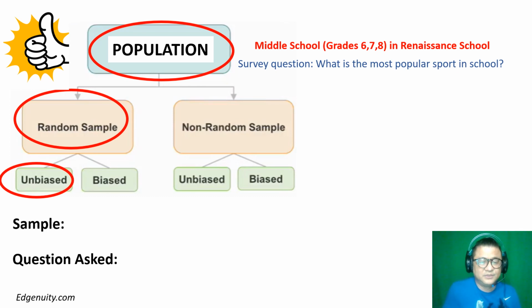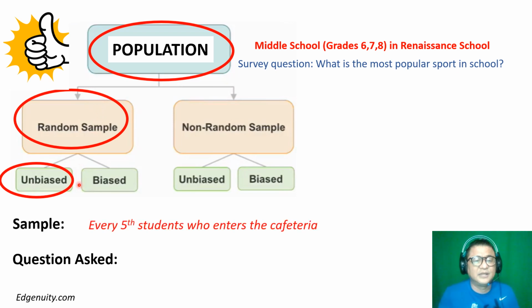Let's start with this. So remember, you want to study grade 6, 7, and 8 in Renaissance School. What you want to know is what is the most popular sport in school? What could be that favorite sport? You could choose a random sample. How could a random sample look like?